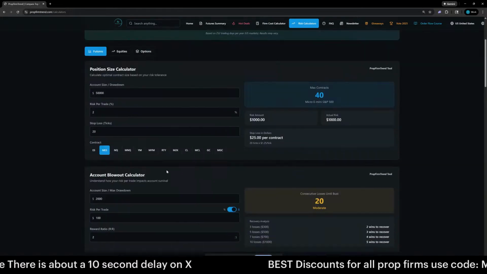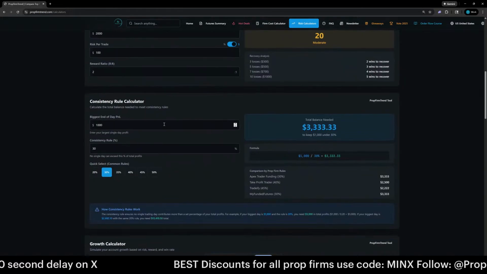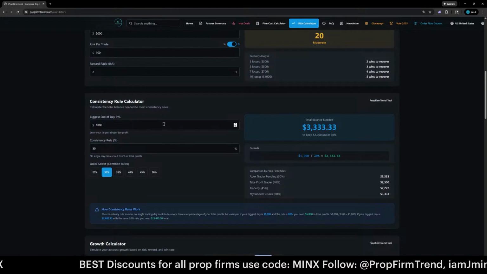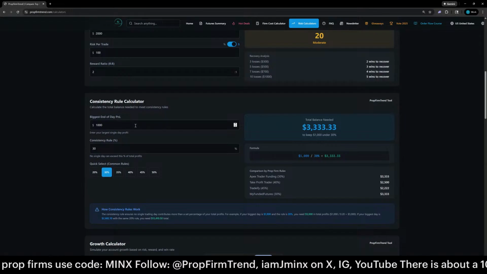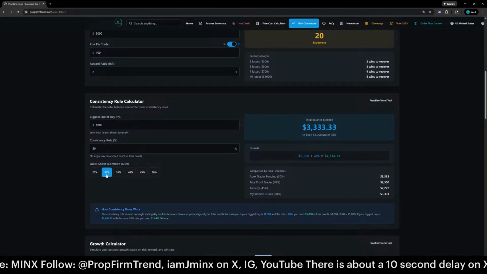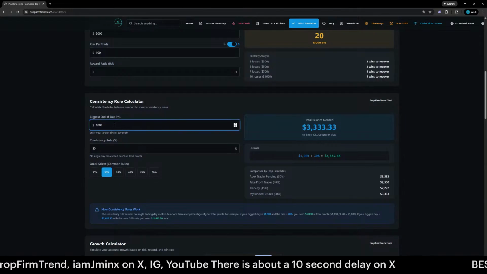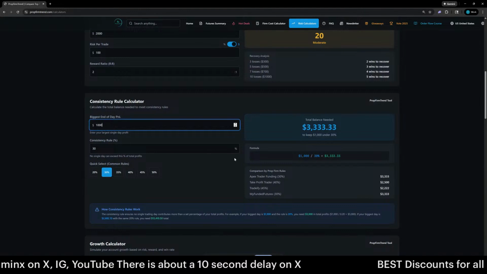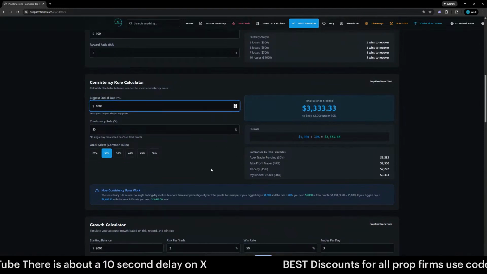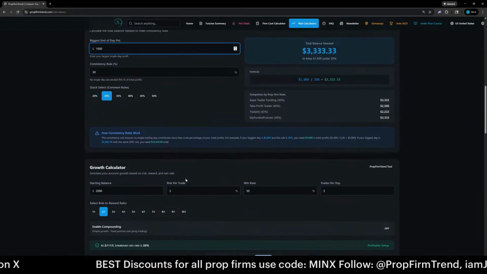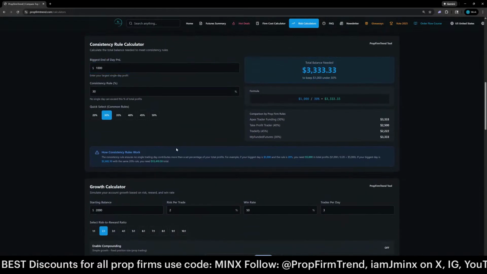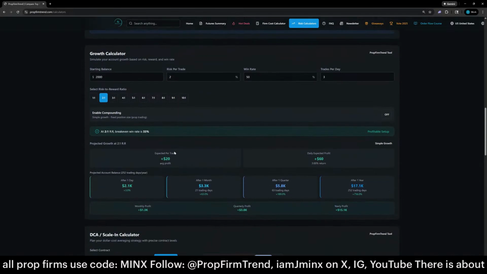You can do futures down here. If you're trading with a firm that needs consistency, you can input the consistency rule and your biggest end-of-day P&L, and it will tell you the balance needed for that. There's also a growth calculator.